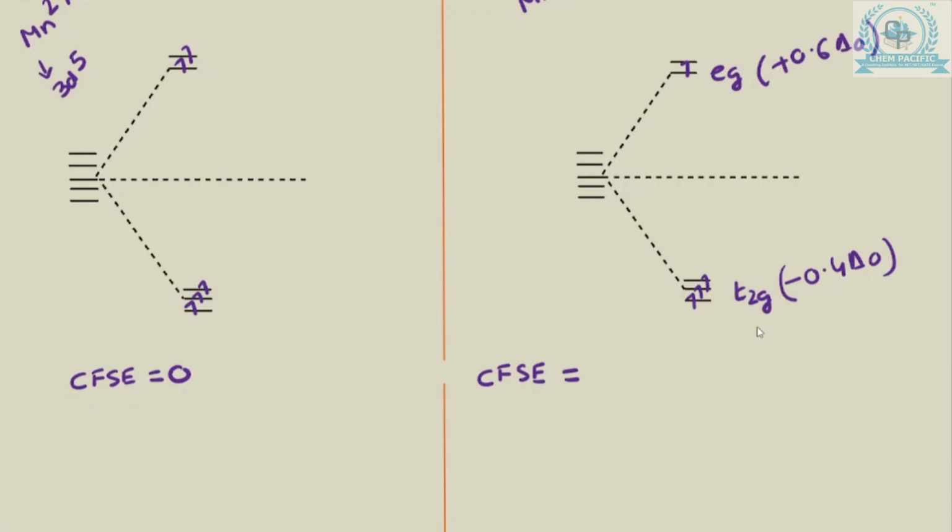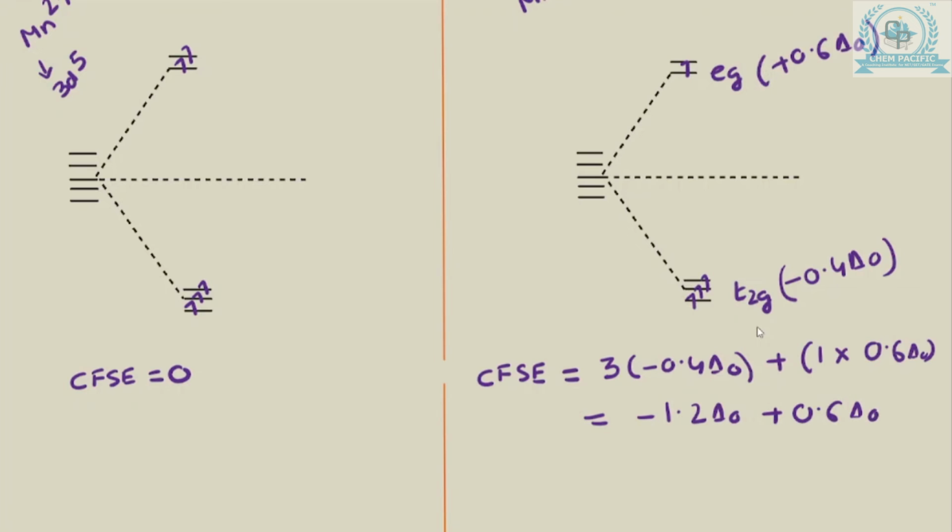So T2g is consisting how many electrons? 3. 3 into minus 0.4 delta 0 plus 1 into 0.6 delta 0. So this is equal to minus 1.2 delta 0 plus 0.6 delta 0. So this will turn out to be minus 0.6 delta 0.